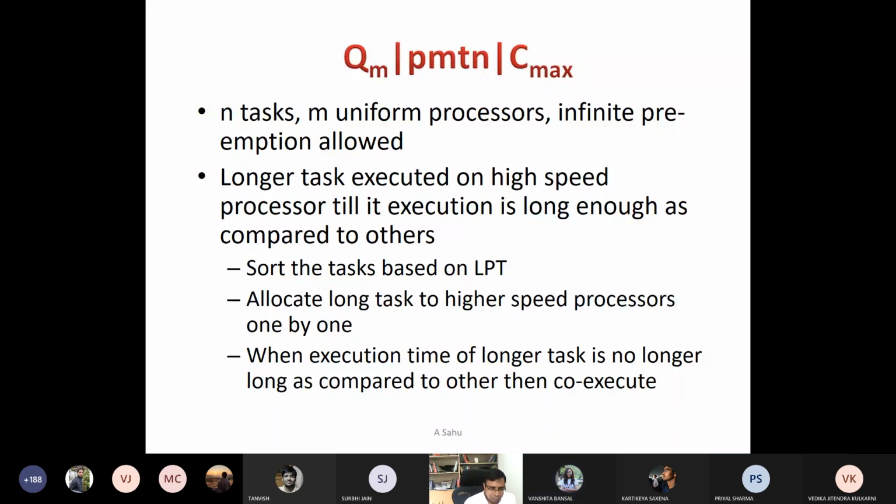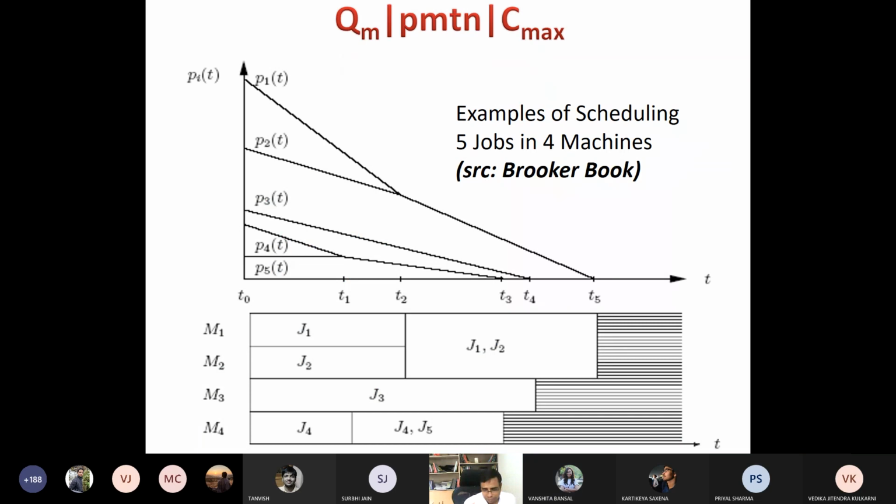Let me go to this example. Suppose you have 5 tasks, and this is the execution time. Are you able to see the graph? Yes, sir. There are 5 tasks: P1, P2, P3, P4, and P5.